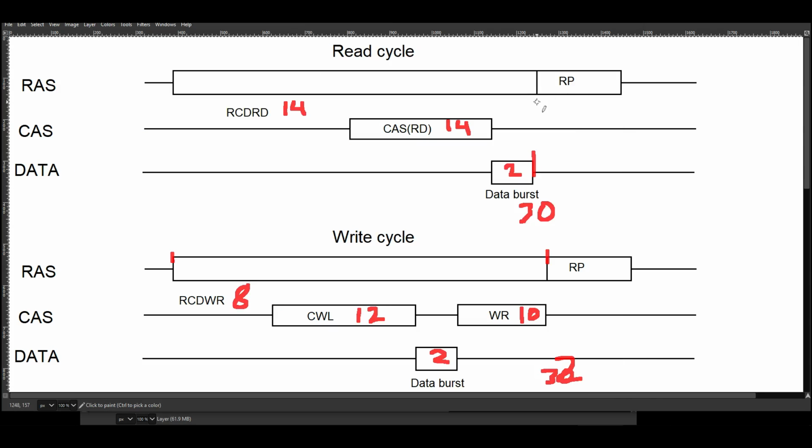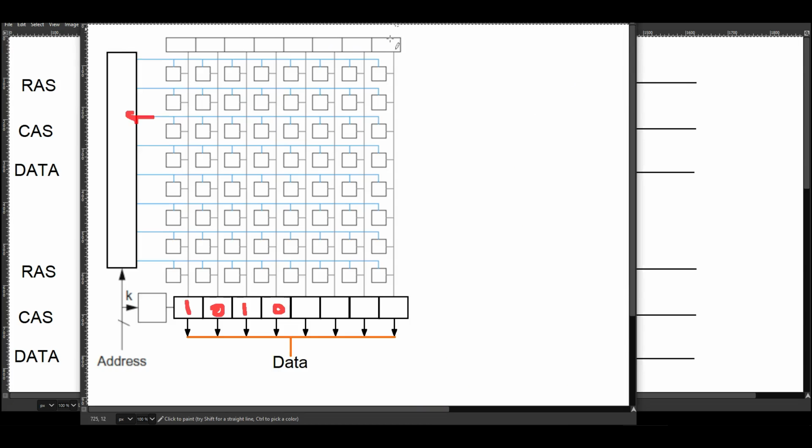Now obviously we can't start the pre-charge, because if we started the pre-charge, then we'd have a problem that we're disturbing the voltage on the bit line, and that disturbance might affect the sense amplifiers. And if we affect the sense amplifiers before we finish reading the data from them, then we might end up with some error there.